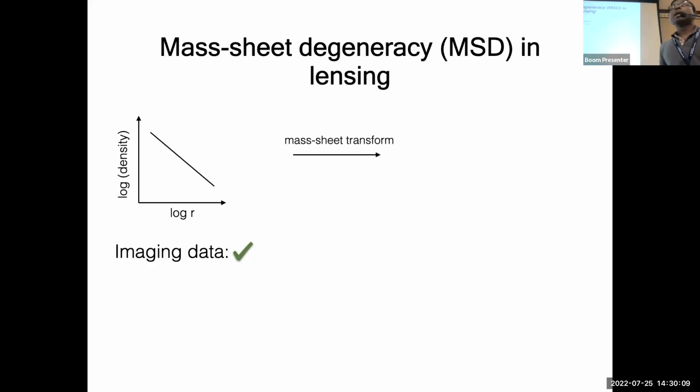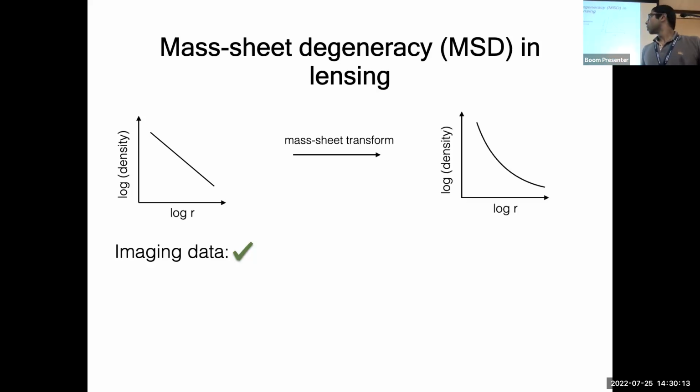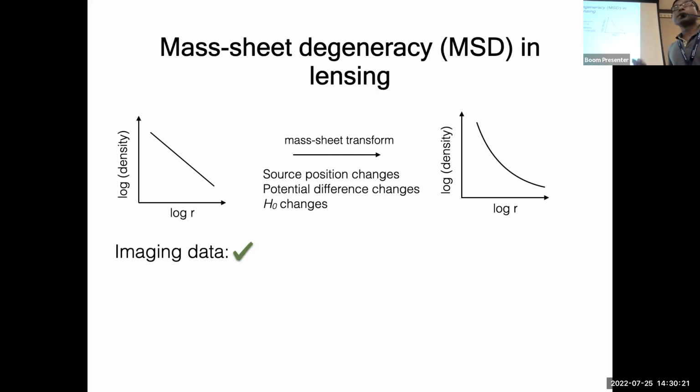So now there is a mathematical transform that we can apply on this mass distribution, which will make the mass distribution look a little different. But this mathematical transform keeps all the imaging observables invariant. So this new mass profile will also fit our imaging data equally well.